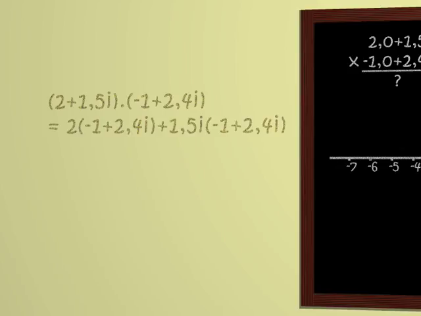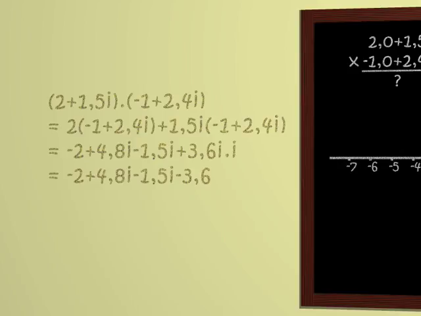Therefore, we get -2 plus 4.8i minus 1.5i plus 3.6i times i. But recall that i squared is -1, since we invented i for this purpose. This gives us -2 minus 3.6, etc.